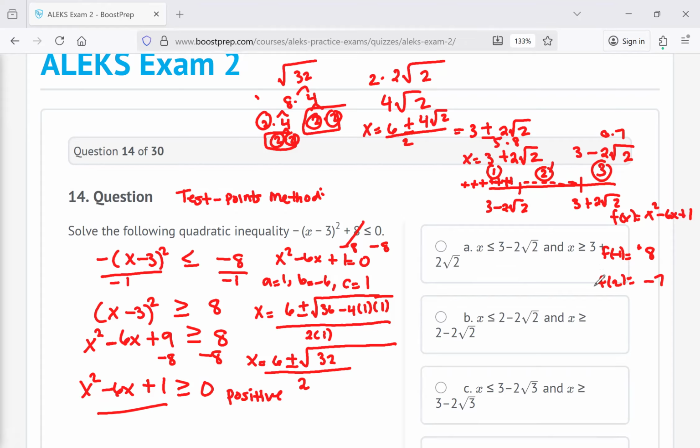And then region 3, what's a number larger than 3 plus 2 radical 2? 7. And when you put that in the calculator, I think it's going to be positive. It's like 7 squared minus 6 times 7 plus 1. Yeah, it's definitely positive.